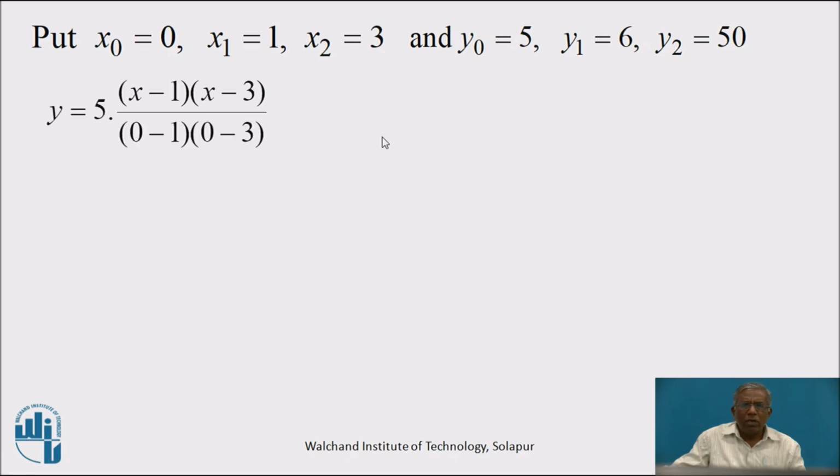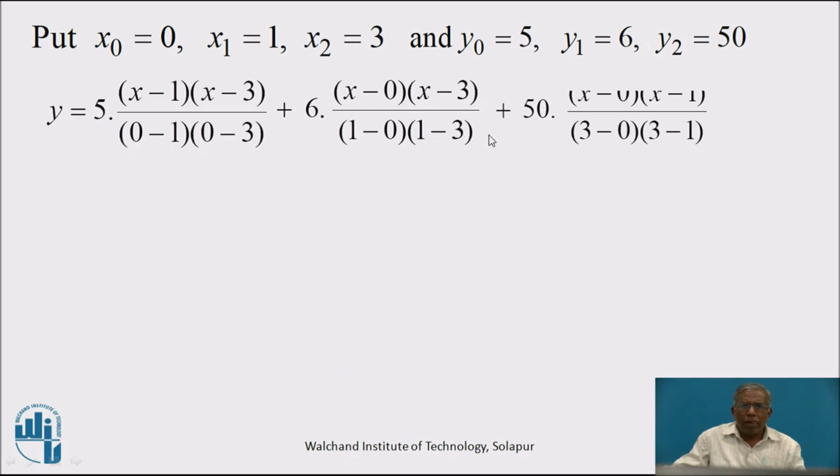When we put these values, we get y equal to 5 into, in numerator (x minus 1) into (x minus 3), and in denominator (0 minus 1) into (0 minus 3), plus 6 into, in numerator (x minus 0) into (x minus 3), and in denominator (1 minus 0) into (1 minus 3), plus 50 into, in numerator (x minus 0) into (x minus 1), upon (3 minus 0) into (3 minus 1).